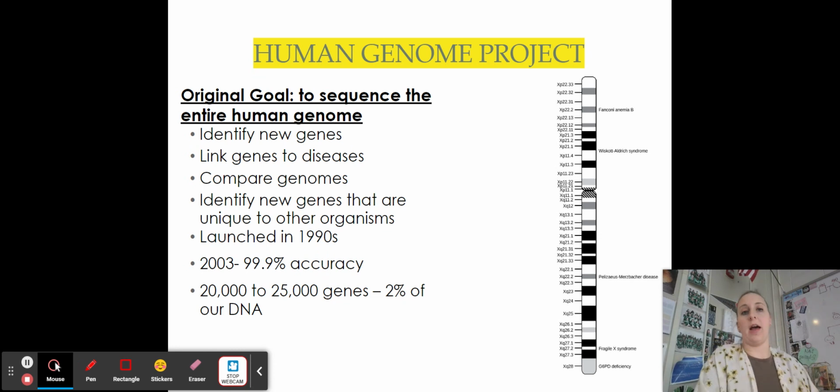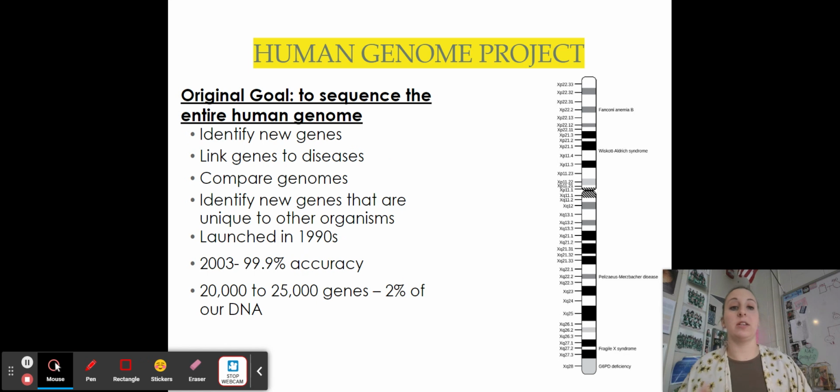In doing so, this would allow geneticists to identify new genes and see if there's a relationship between people having those genes and then developing diseases that are linked to them. It also allowed scientists to compare everybody's genomes to each other to determine how much of the human DNA is similar to each other, and to identify the new genes that are unique to other organisms.